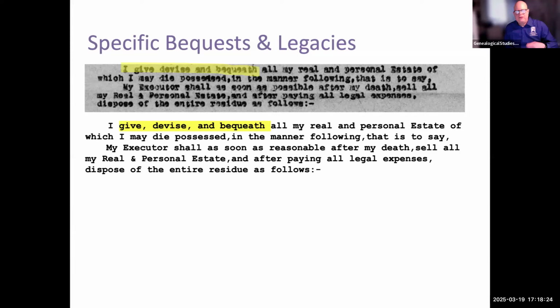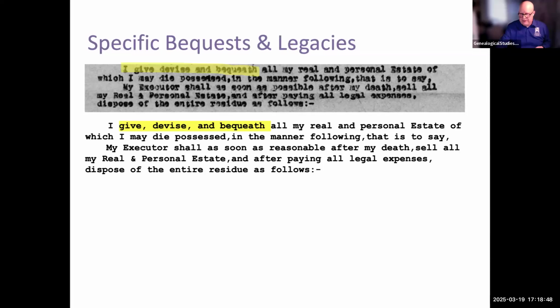Devise was the word you used when you were talking about giving somebody land. Bequeath was the word you used when you talked about giving somebody property that wasn't land. A little confusing. Tying those verbs to the specific action sort of fell out of use. So what do lawyers do? They just say all three at the same time, takes care of any situation, makes life a lot easier.